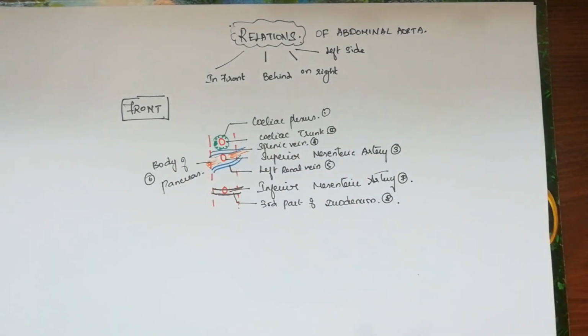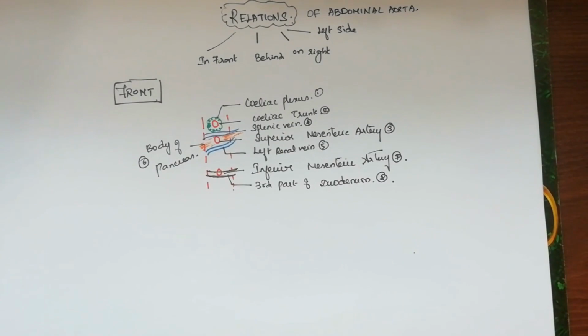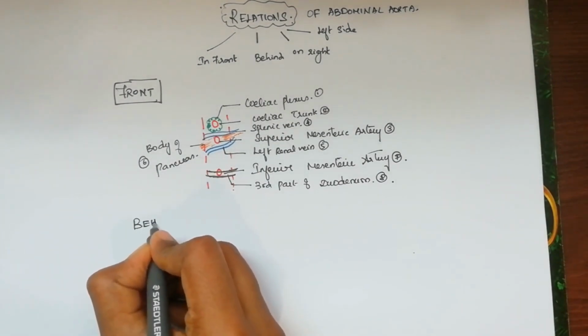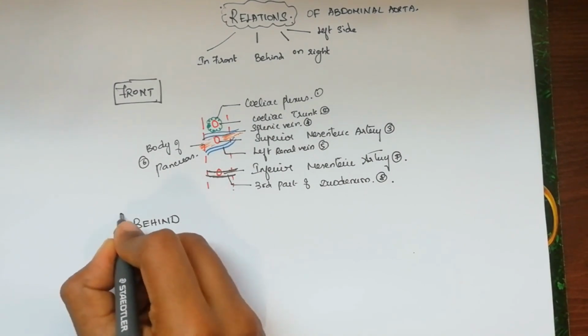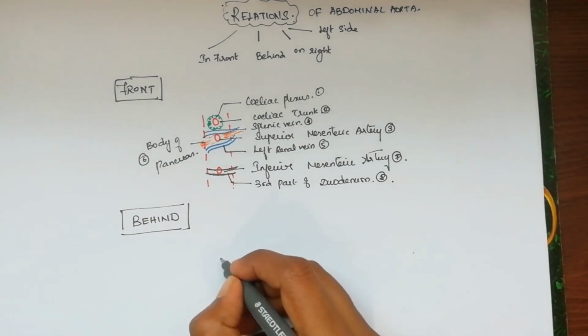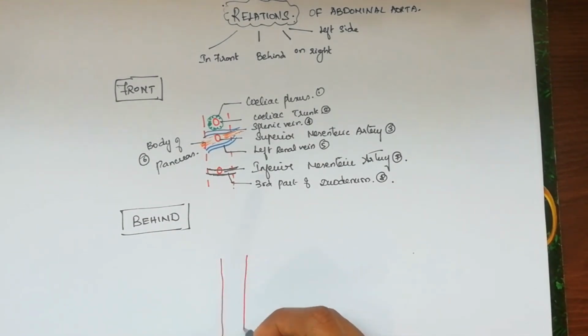Now we will move on to the posterior relations of the abdominal aorta. Behind it, as we know, posteriorly we have the vertebrae, that is, 4 lumbar vertebrae are related.